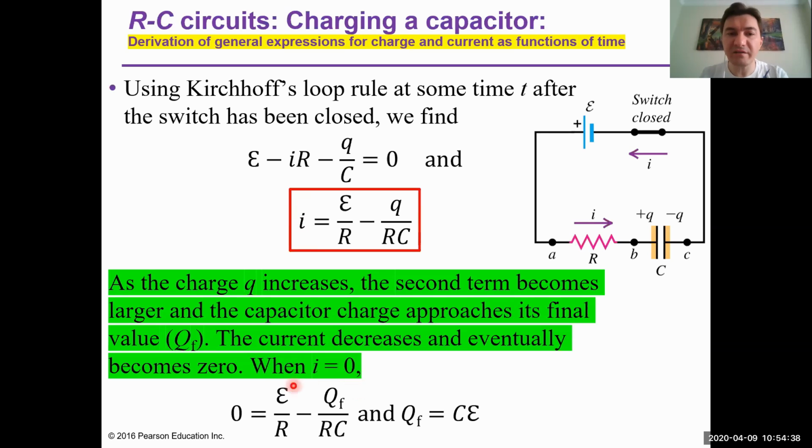When the current is zero, we put zero here, so EMF over R will be equal to Q over RC. So what is Q here? When the current is zero, it is the final charge of the capacitor. We have fully charged the capacitor and the current went to zero.